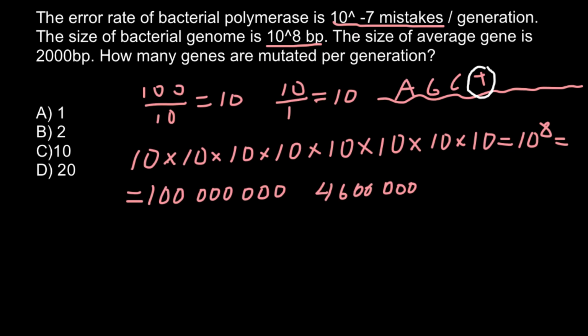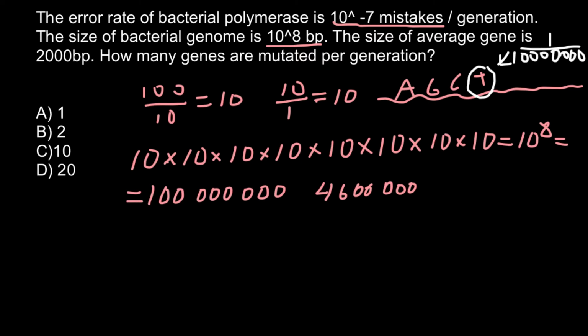So the probability that this single base pair would have a mutation would be 1 out of this number, which is going to have 7 zeros: 1, 2, 3, 1, 2, 3, 1.